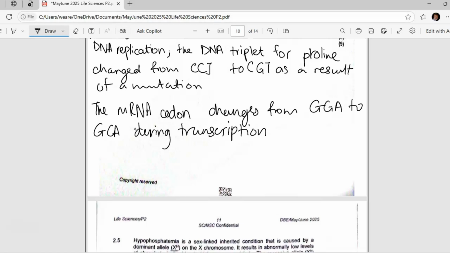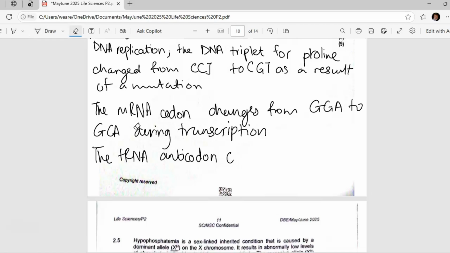Now you've done the DNA, you've done the mRNA, now to do the tRNA. So you need to say the tRNA anticodon changes. Let's maybe first say what happens first.